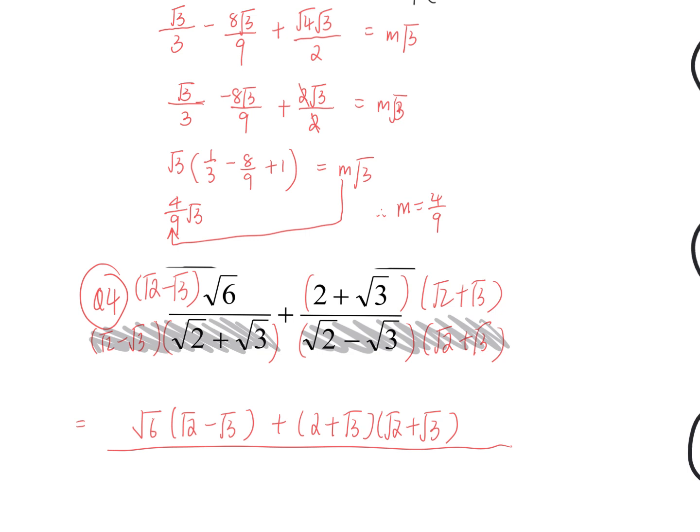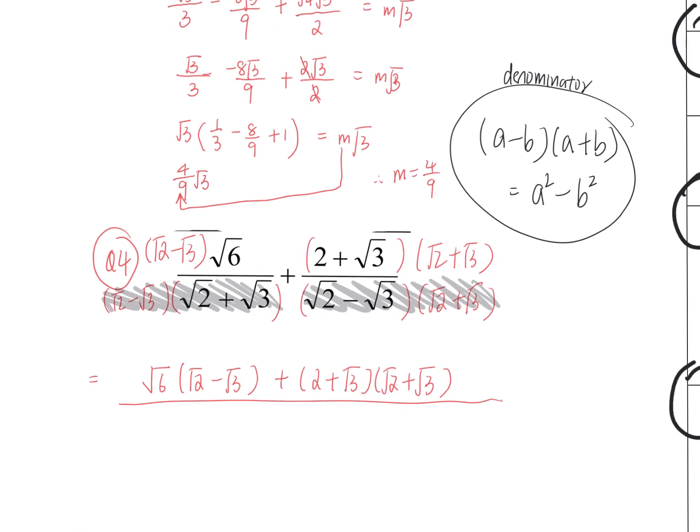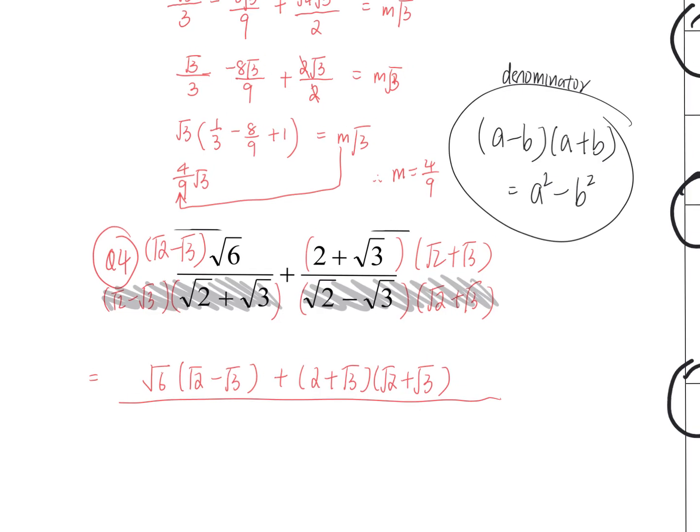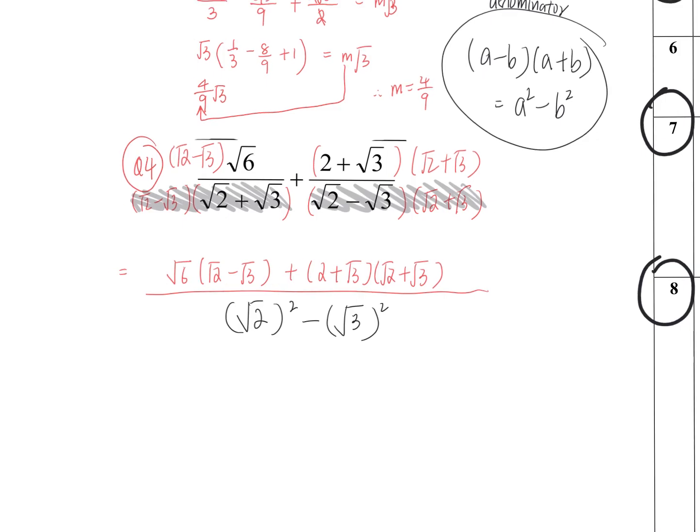But at the denominator, do you see this? So the bottom will be a square minus b square. I can just simplify it already.